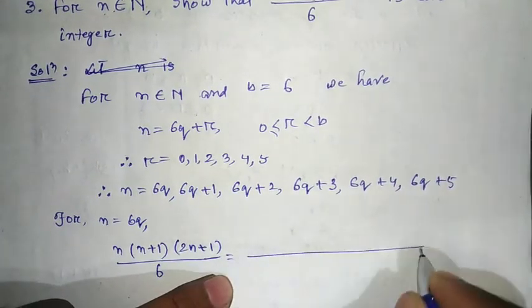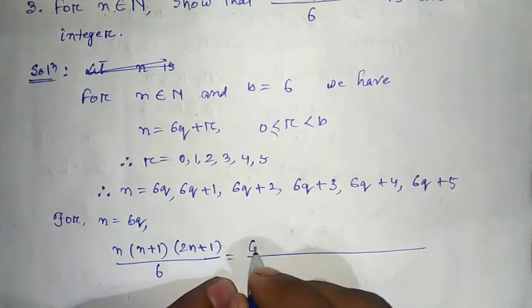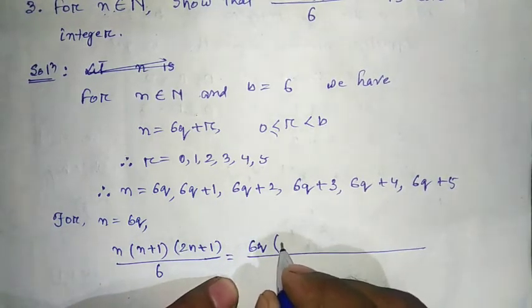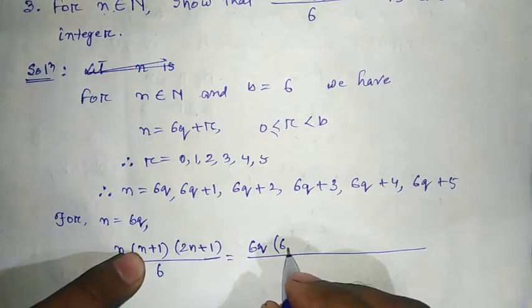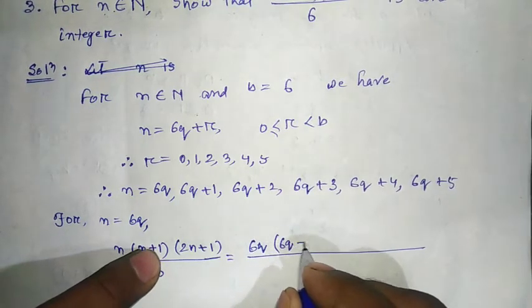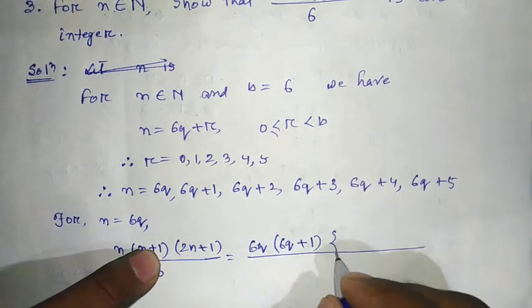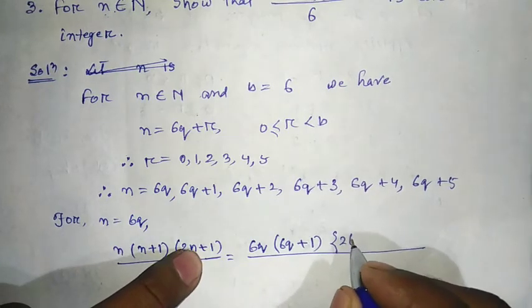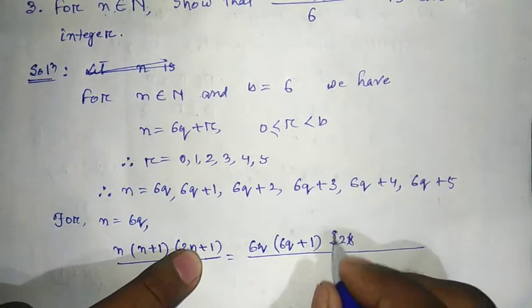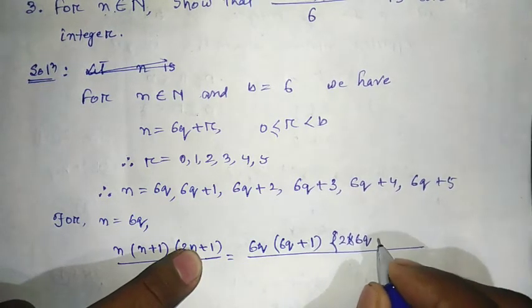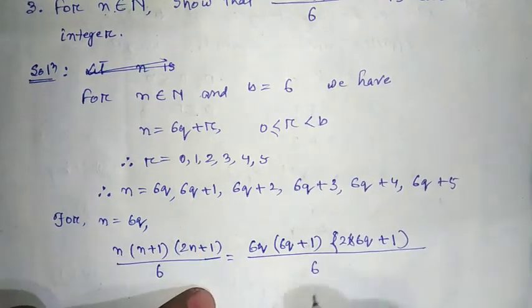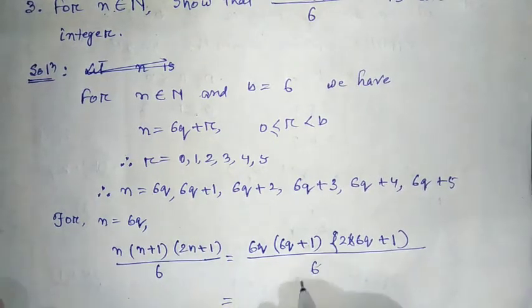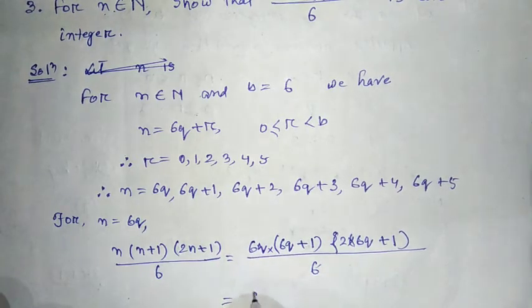So we will get n means 6q, and n plus 1 means 6q plus 1, and here 2 into 6q plus 1, divided by 6. So this 6 and this 6, since there is multiplication, this 6 gets cancelled.